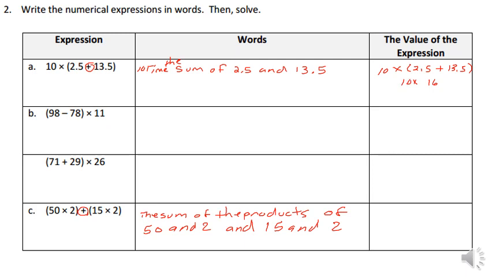And I know that if I'm multiplying a whole number by 10, it will just be adding a 0 to it. Down below, here I have 50 times 2 plus 15 times 2. Well, I know 50 times 2 is 100, plus 15 times 2 is 30, so the value would be 130.